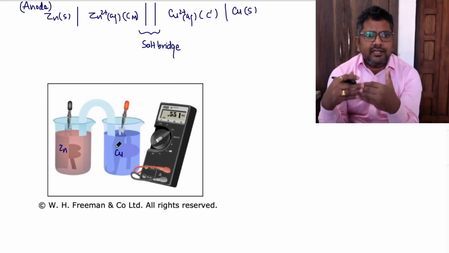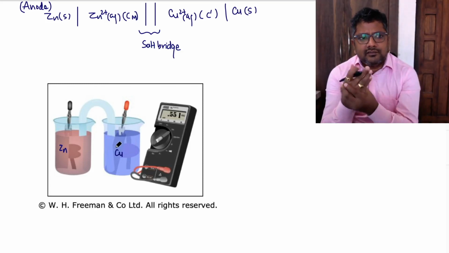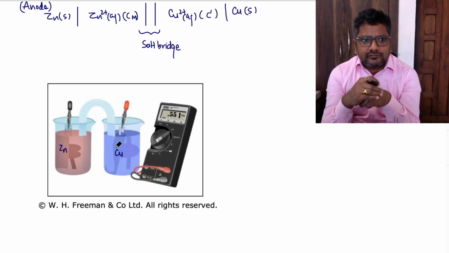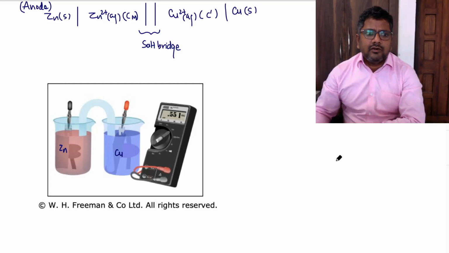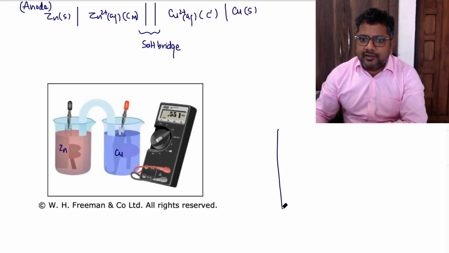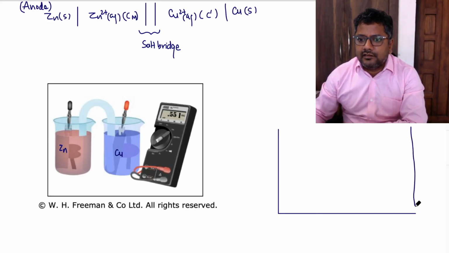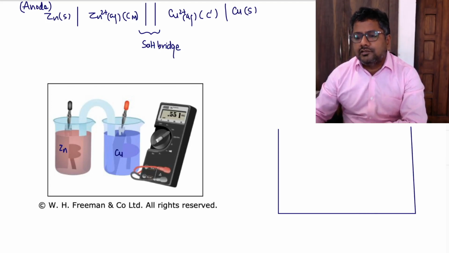See, there are many types of cell construction. In a single beaker you can also prepare one. How can we prepare it in a single beaker? Suppose we have taken such a large beaker, right?